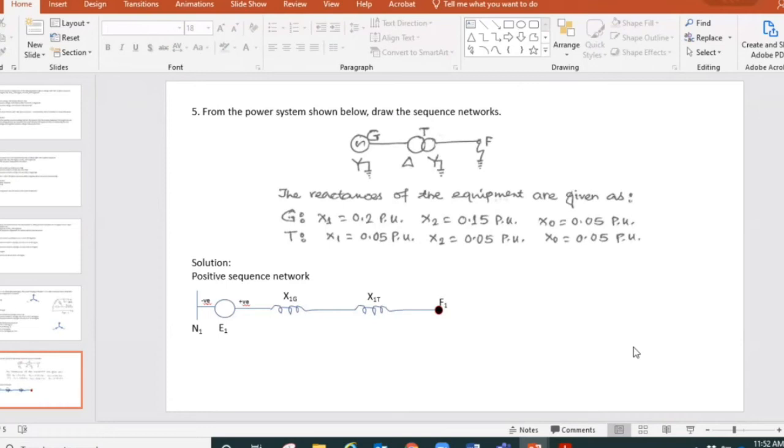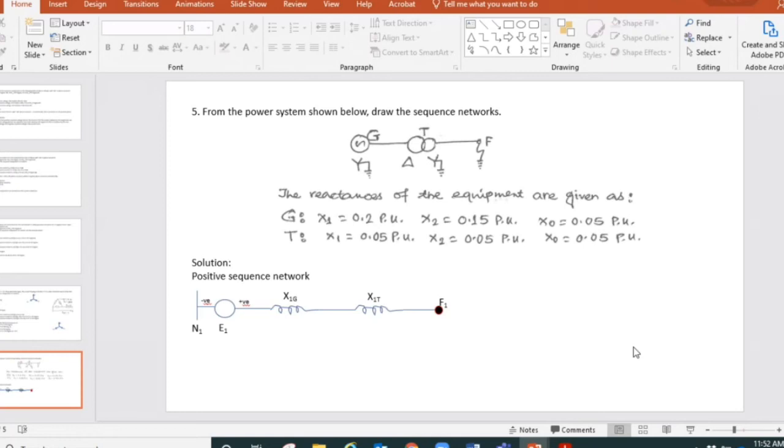Now we must make sure that all the labelings are perfectly done. We started with the neutral bus of the reference bus, labeled as N1. Then we show the voltage source, which is E1 for positive sequence, corresponding to the generator that we have. And then the generator reactance. Positive sequence reactance will come only.